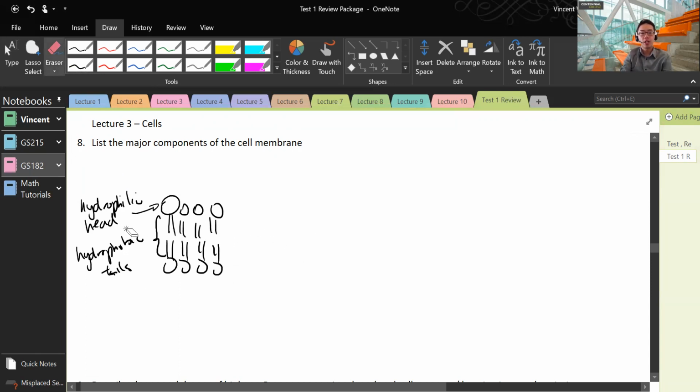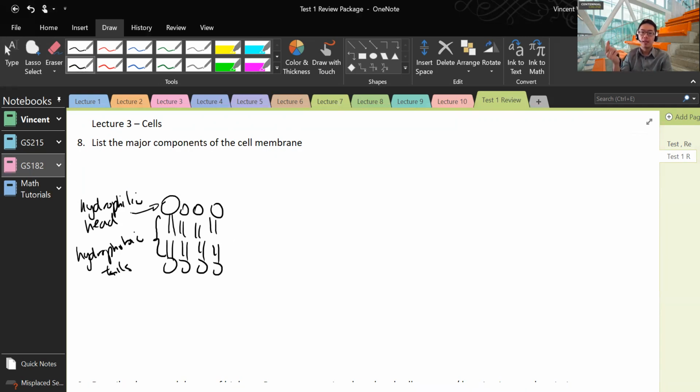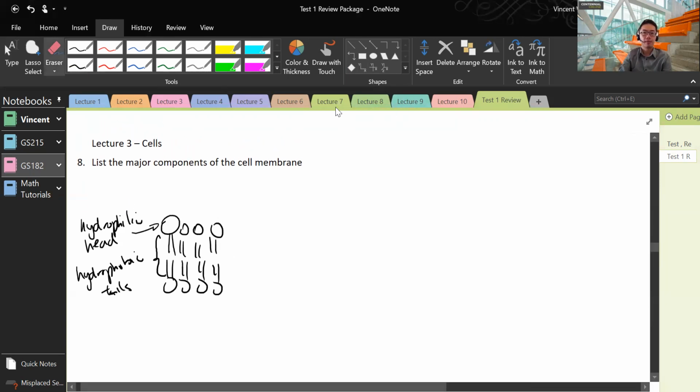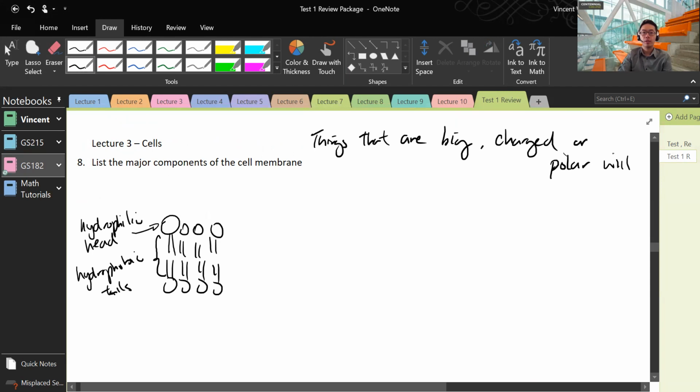Okay, so because of this arrangement, things that are charged, things that are hydrophilic, or if they're big, they will not be able to cross easily. Okay, so things that are big, or if they're charged or polar, will not be able to cross the membrane by themselves.